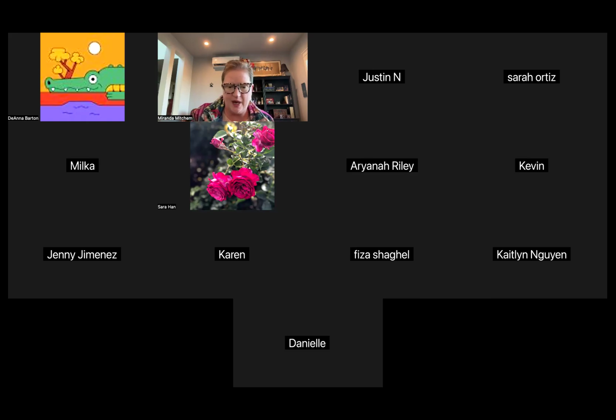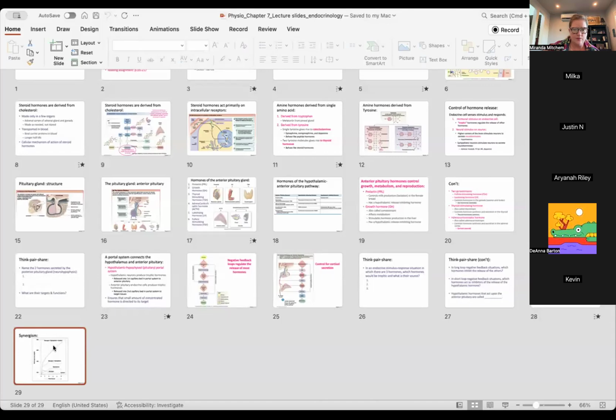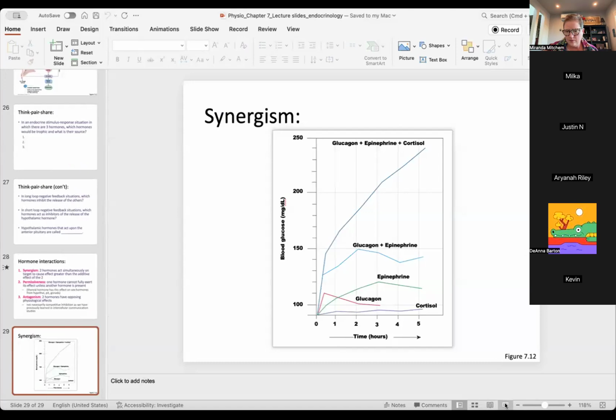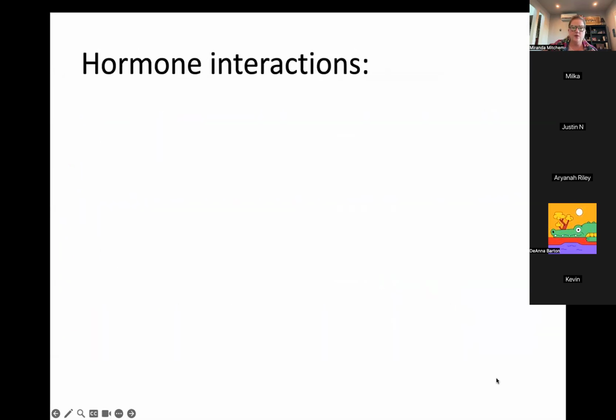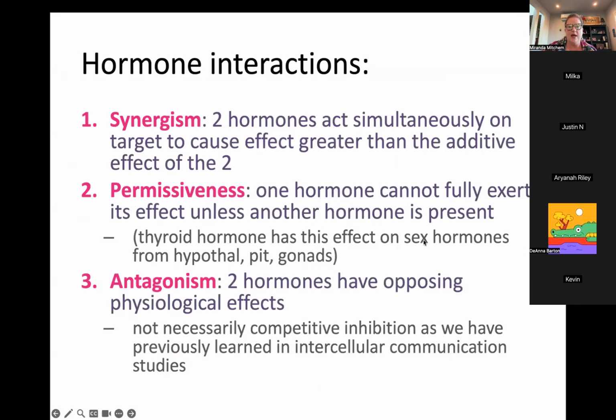Let me pull those slides back up. Okay, so synergism is when you have two hormones that act together to give us more than an additive effect.